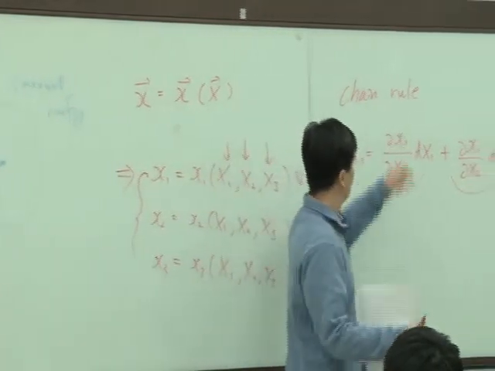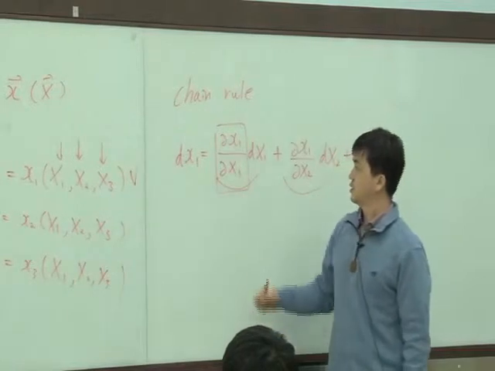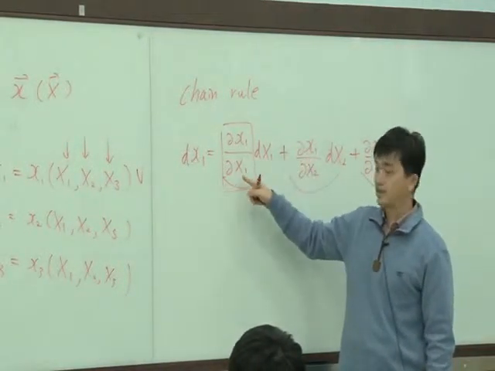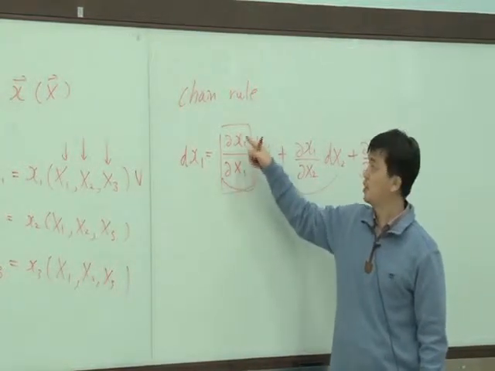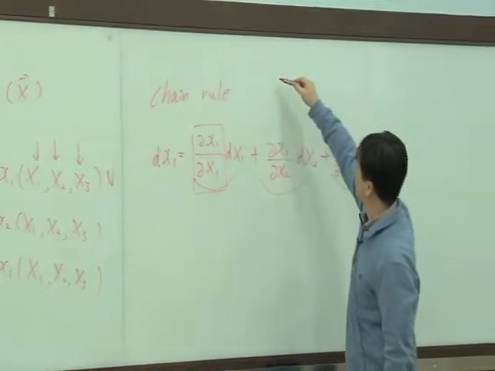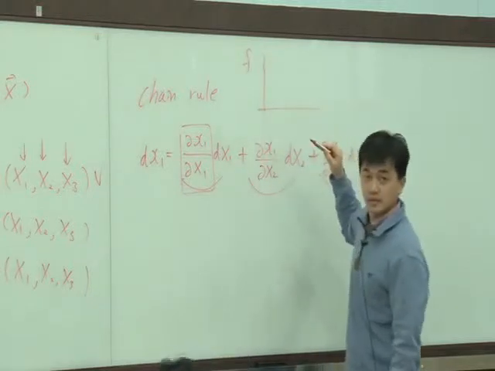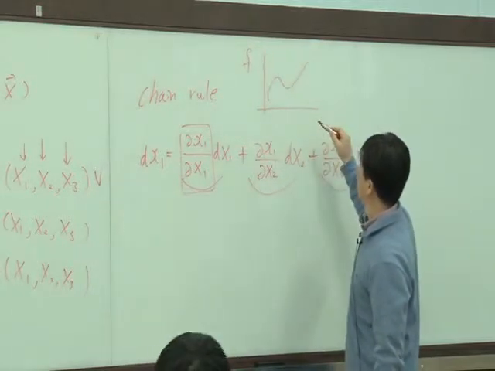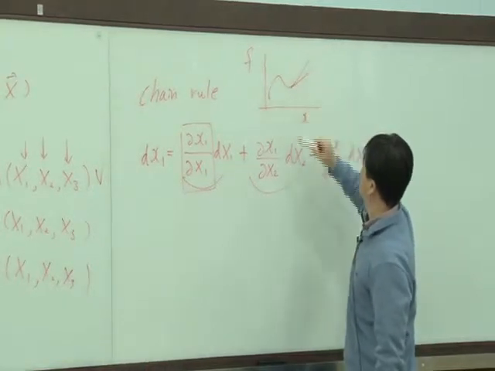Watch this. What is this? This is some slope in the big X1 direction of the function x1. So this is something like that. You remember the function f. Let's say the function f is this, and this is x. So this is the slope.